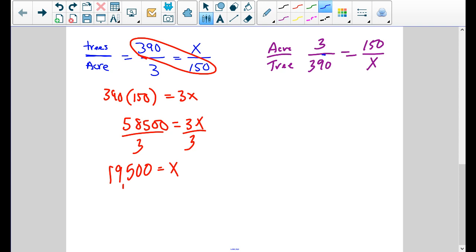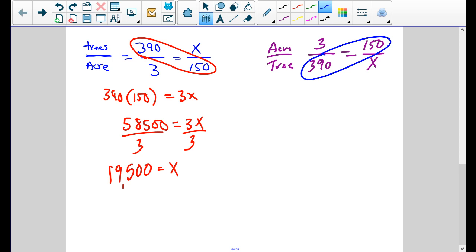But you can see, when I cross multiply, what numbers am I still multiplying together? 390 and 150, and still dividing by 3, okay? So again, that proportion doesn't necessarily matter as long as it fits each ratio. Each fraction is the same. Does that make sense? Questions on that? So really that first fraction, however you set it up, make sure the second fraction matches with what's on top and what's on the bottom there.